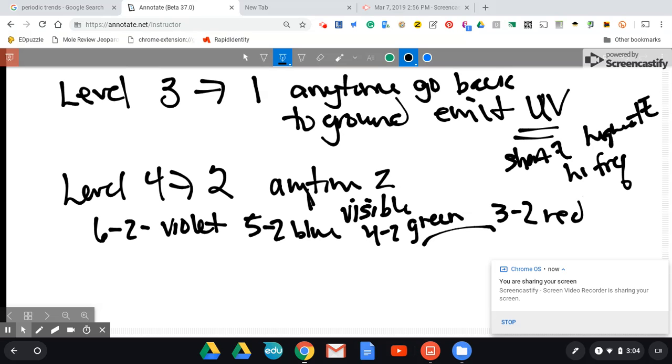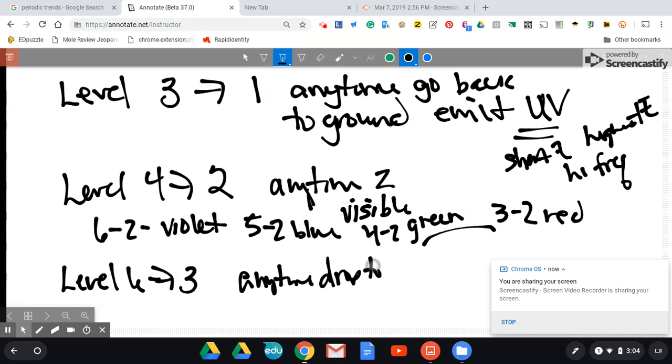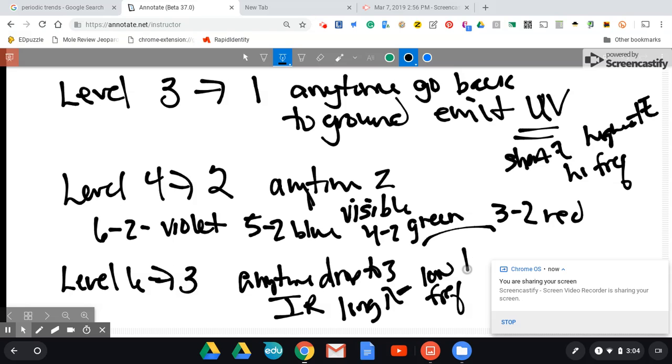The last kind is if, let's say, I'm at level 6 and I drop to level 3. Anytime I drop to 3, I give off infrared. Infrared has a very long wavelength, so that means low frequency, which means low energy.